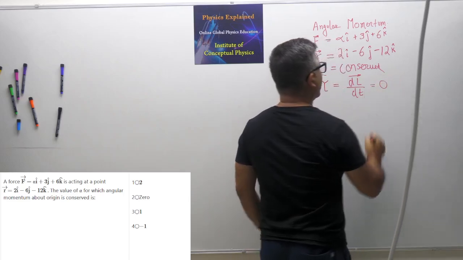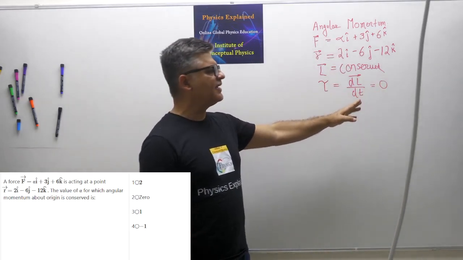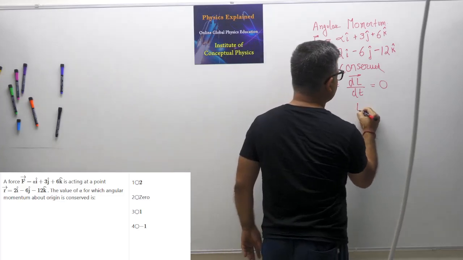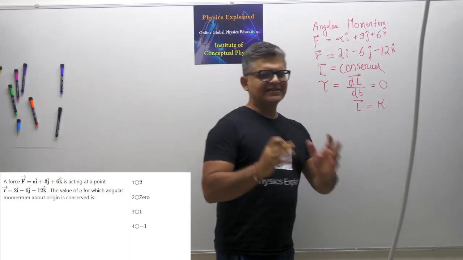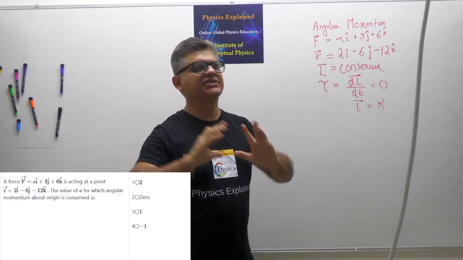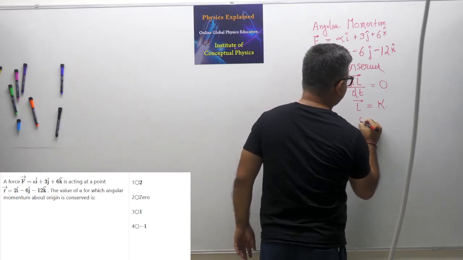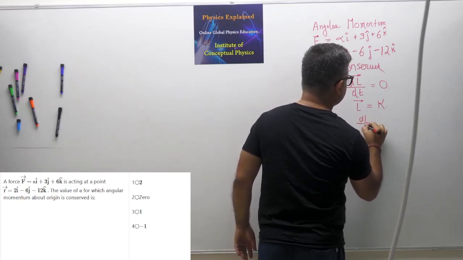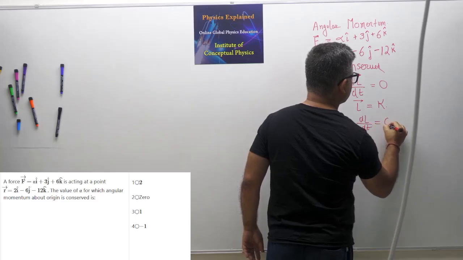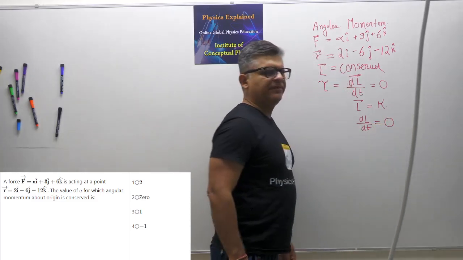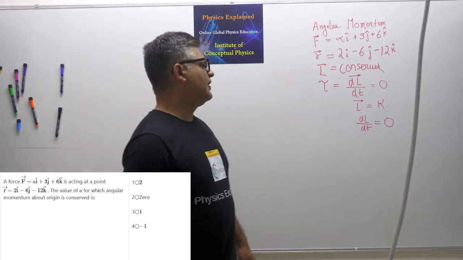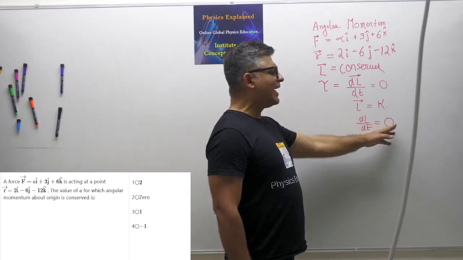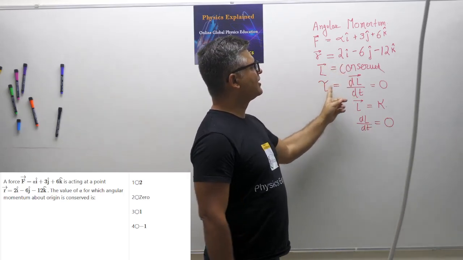What am I trying to say? I'm trying to say that L is a constant. That means it is conserved, it does not change. And if I take dL by dt, this is going to be 0, which implies that torque is 0.